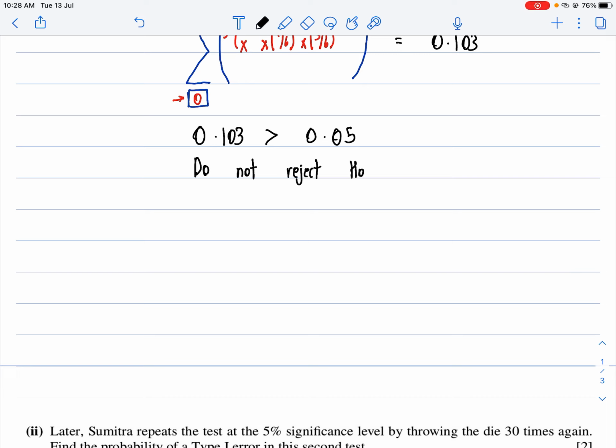And I can say there's no evidence at 5% significance level that the die is biased. This is what I can state.